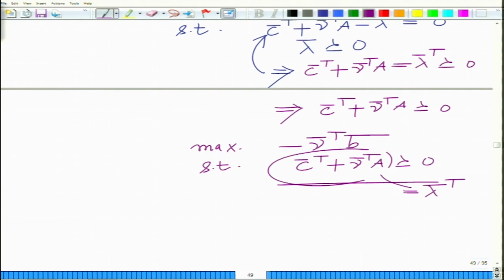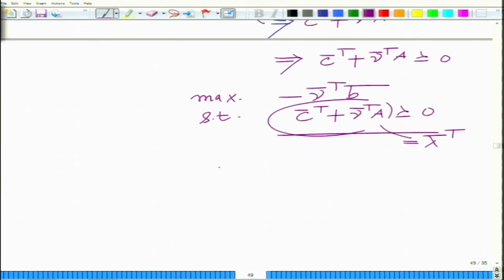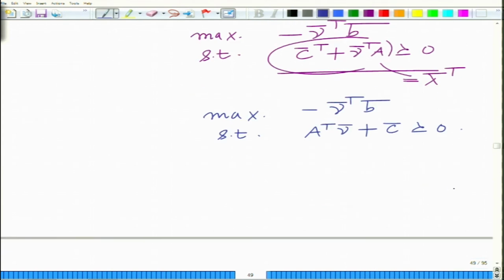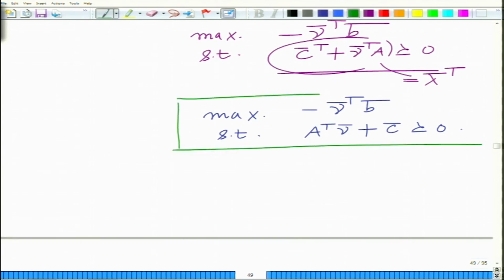In fact, I am just going to take the transpose of this. Because this is a row vector, I can write this as: maximize minus nu bar transpose B bar subject to the constraint A transpose nu bar plus C bar component wise greater than or equal to 0, and this is the equivalent dual optimization problem.